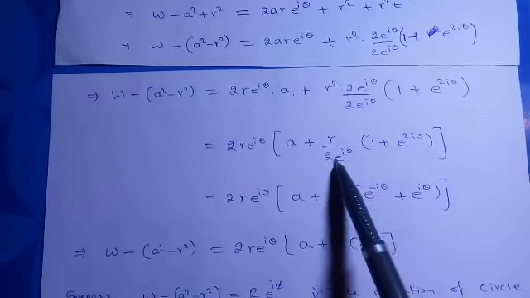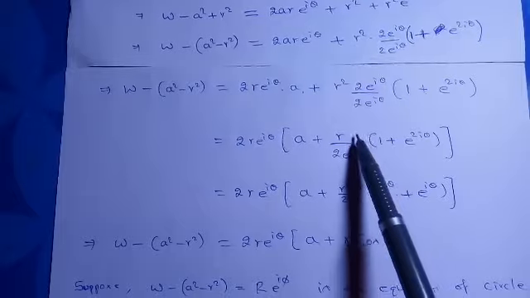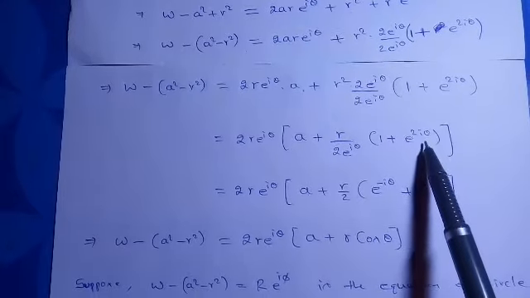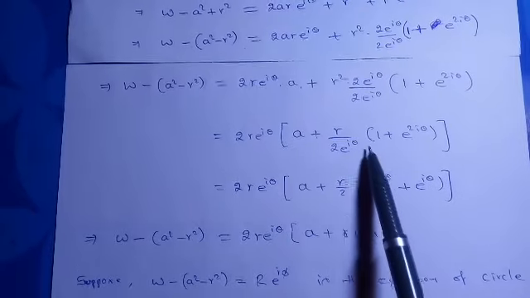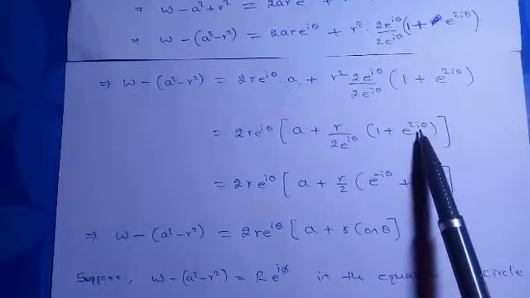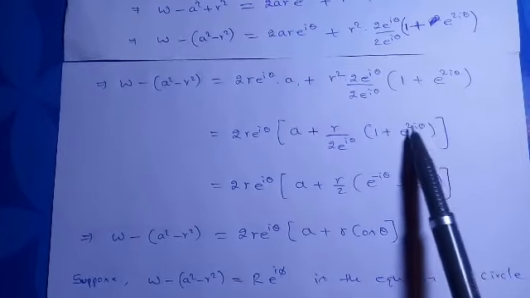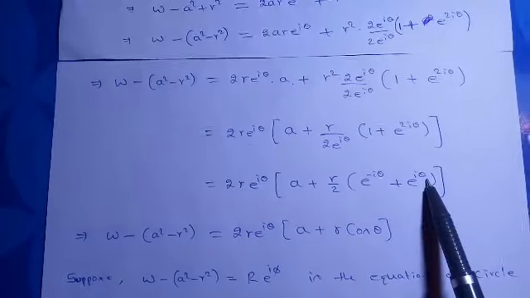Right. Next, e power i theta in the denominator: if we transfer it to the numerator, it becomes e power minus i theta, and multiply to inside the terms. It becomes e power minus i theta into 1 is e power minus i theta, and e power minus i theta into e power 2 i theta. Plus 2 i theta minus i theta becomes i theta.